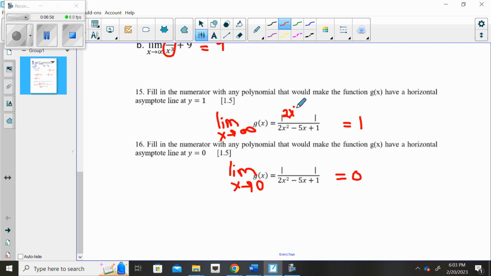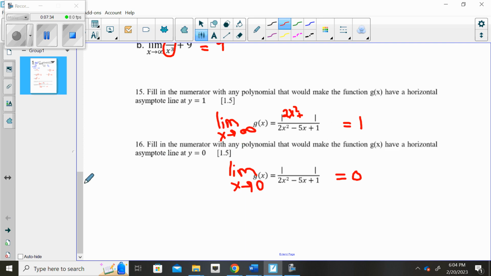I could have just 2x squared and that's it, or I could have 2x squared plus or minus whatever I wanted to put here, as long as it was either an x or a constant. I can't do any other squared terms, or have a cubed term or anything like that. So if I put plus 5x minus 7 or something like that, that would work. So 2x squared plus or minus whatever other linear terms you want to put, or constant terms.